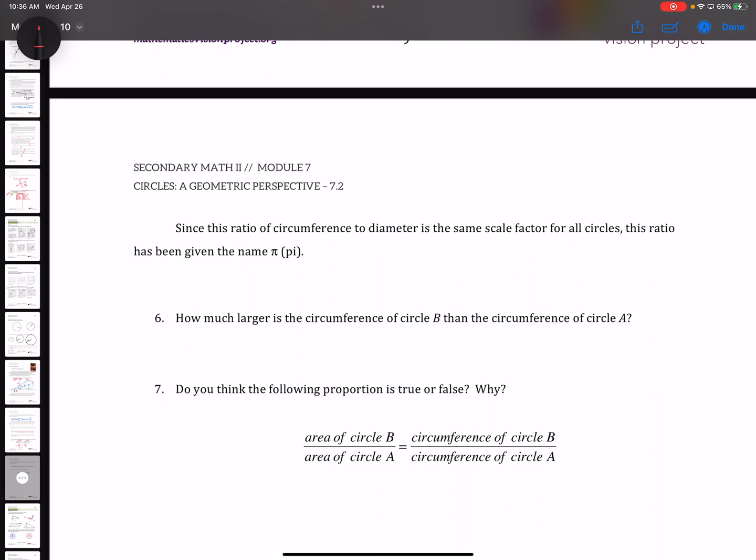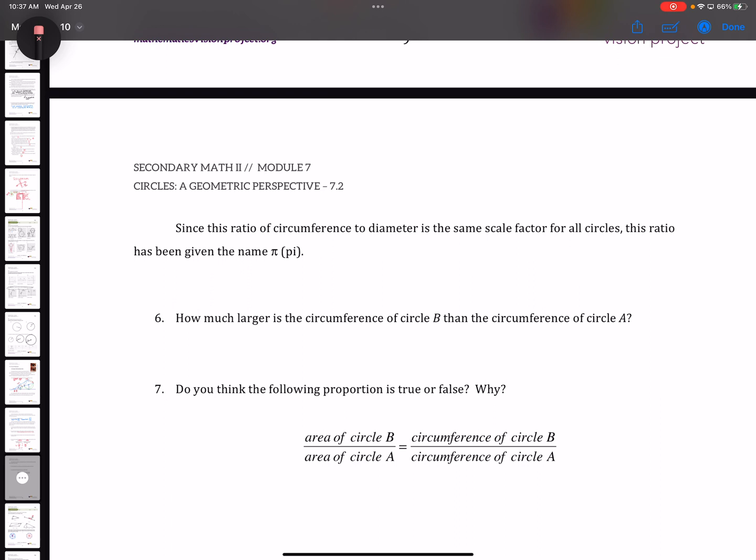How much larger is the circumference of circle B than the circumference of circle A? The ratio between them is pi equals pi, but how much larger is the actual circumference? How did we do that when we were looking at the ratio of the circles themselves?